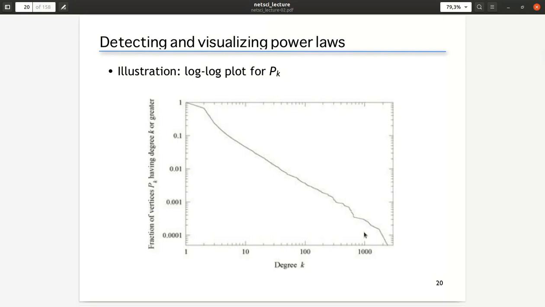So back to the log-log plot, but now for the capital P_k. Now you can see that in fact again we can fit here almost a straight line, which is definitely an indication, although not really a proof, of being power law.